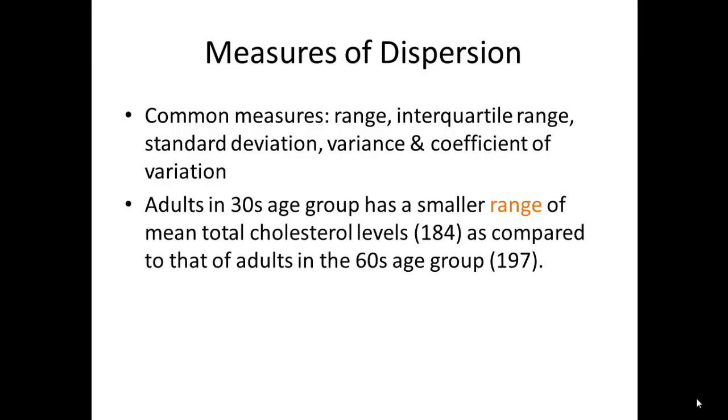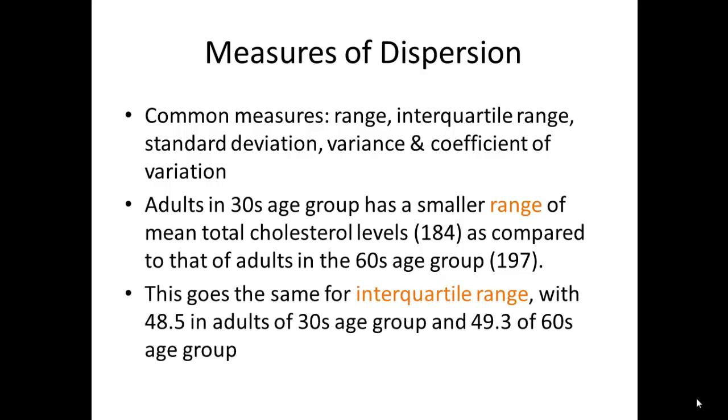First of all, adults in the 30s age group have a smaller range of mean total cholesterol compared to the 60s age group, by 13. It is the same for the IQR, with 48.5 in the 30s age group and 49.3 in the 60s age group, which means the 60s age group has a higher IQR by 0.8.